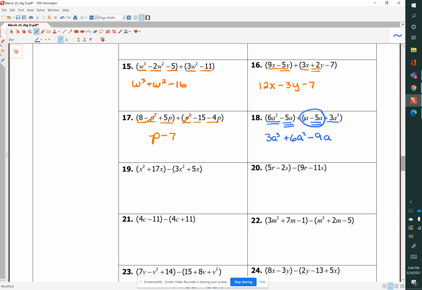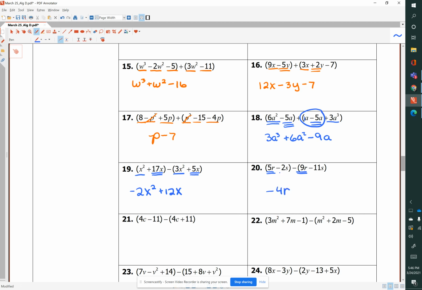Okay, number 19, we have 3x squared subtracted from 1x squared. So that's negative 2x squared. And then we have 17x minus 5x, which is 12x. And number 20, we start with the r terms. 5r minus 9r is negative 4r.